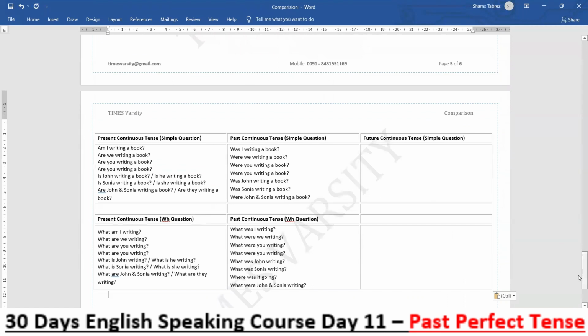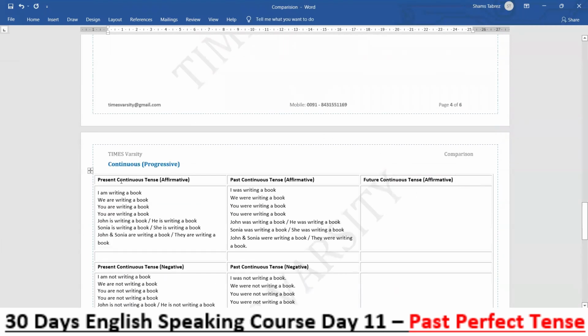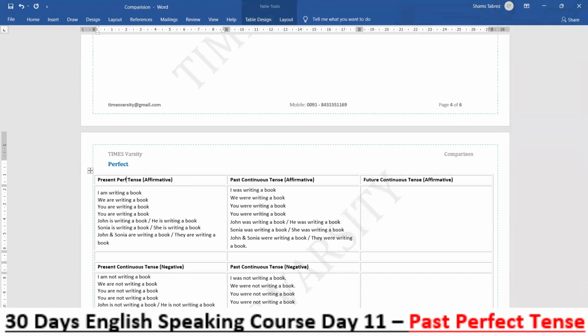So this time we will be comparing perfect tense in all of these. So present perfect tense affirmative, past perfect tense affirmative.